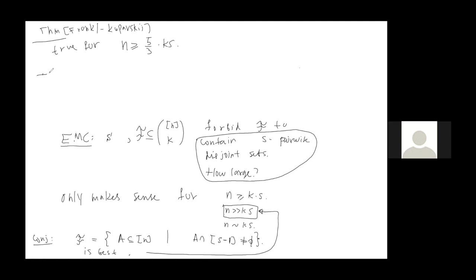But what we managed to do is, we can prove this theorem too, when n is at least some large constant times ks, which is a weaker result than Frankl-Kupavskii. But actually, we can also get stability.